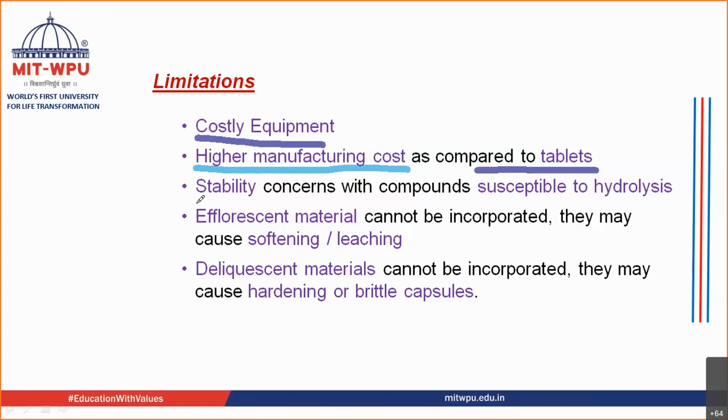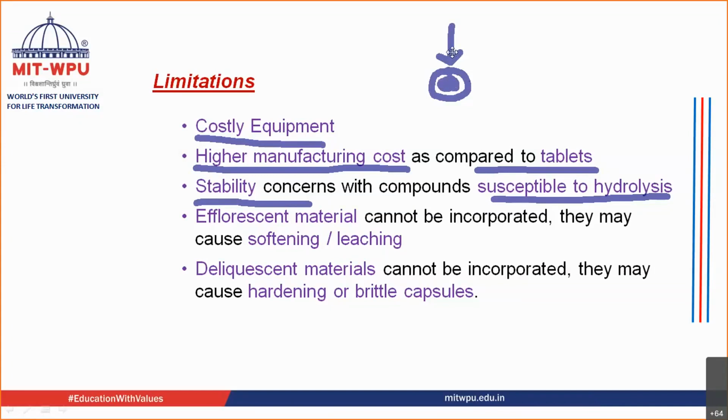Next is regarding the stability. There is a stability concern because the compounds which are susceptible to hydrolysis cannot be filled into the soft gelatin capsule because there is a problem of permeation. Moisture, etc., can permeate through this shell.